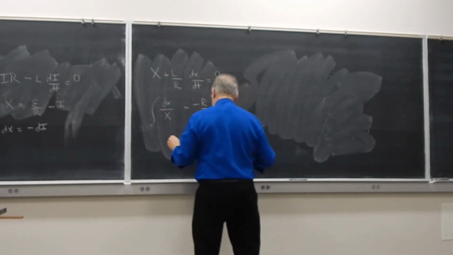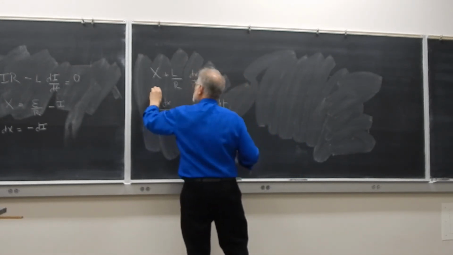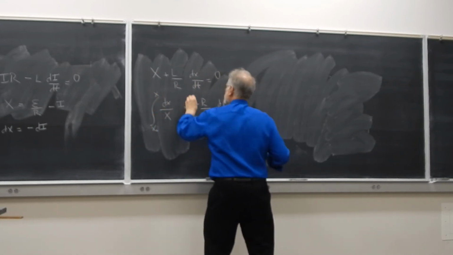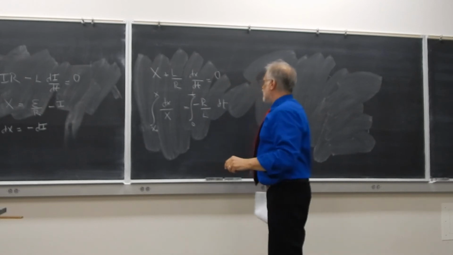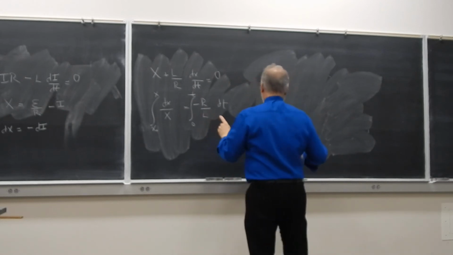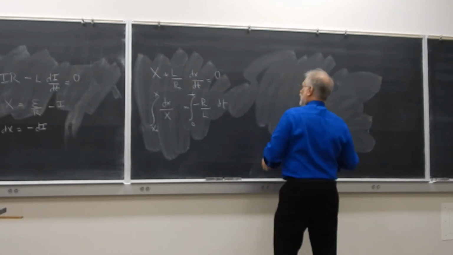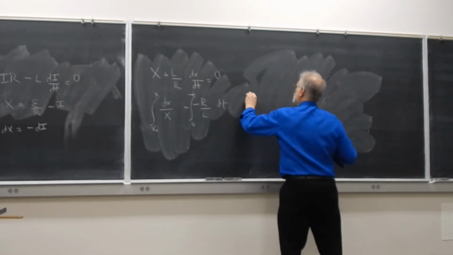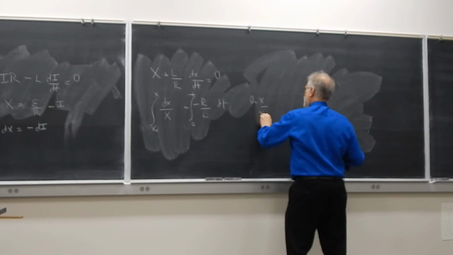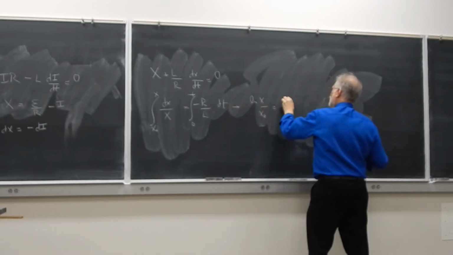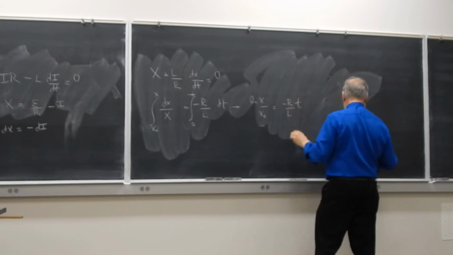I'll integrate from x naught to x on this side, and from 0 to t on this side. When I do that, I'm going to get log of x over x naught is equal to minus R over L times t.